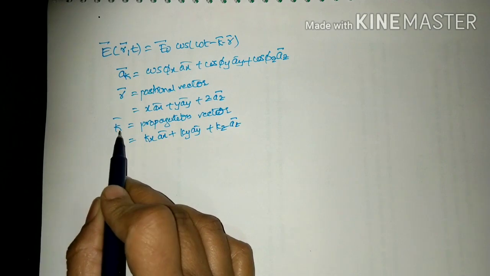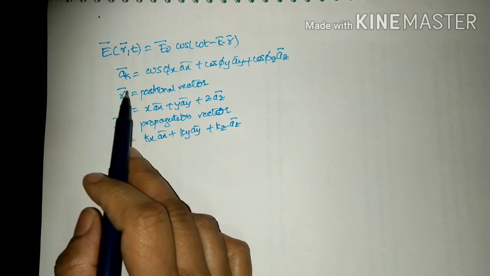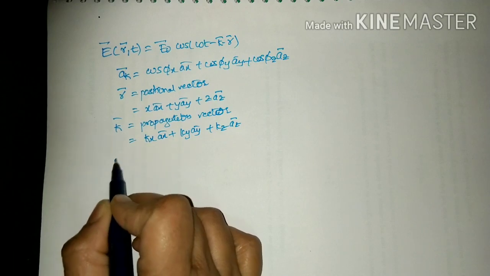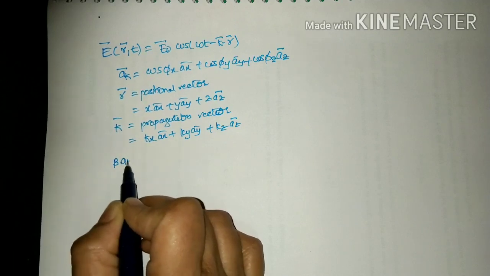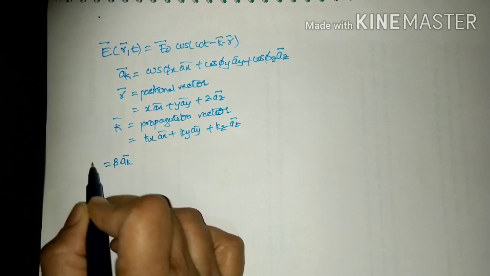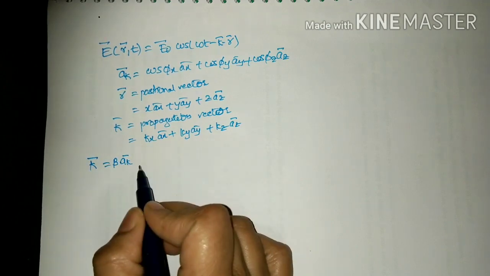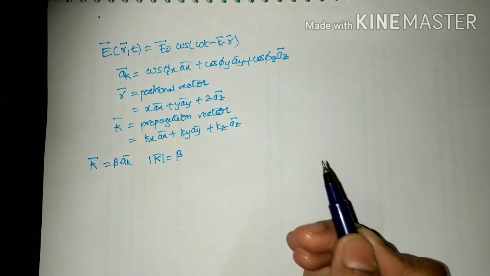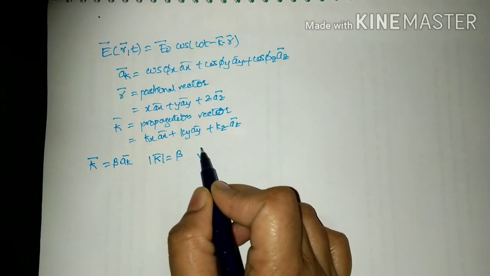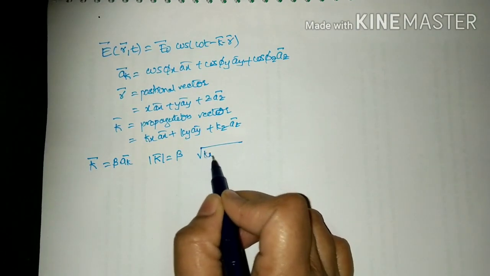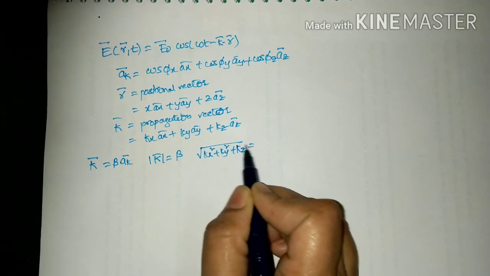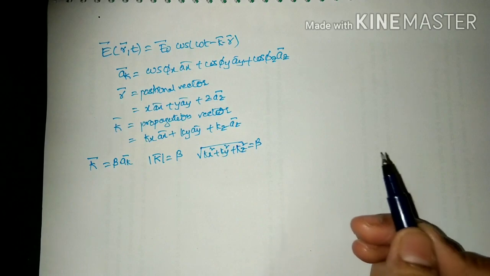The relation between the propagation vector and ak bar is given by beta into ak bar is equal to k bar. Means the modulus of k bar is equal to beta. You have already derived the modulus of k bar, which is equal to kx square plus ky square plus kz square under root is equal to beta.